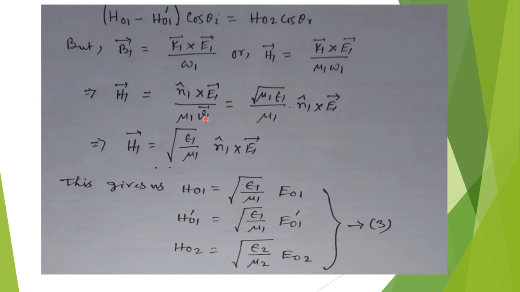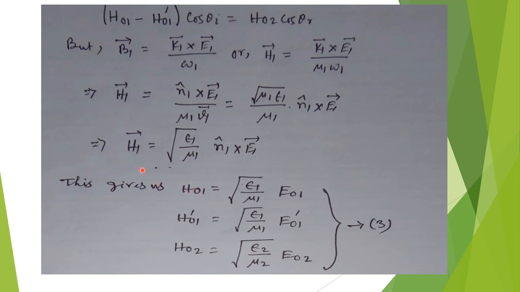Since v1 is equal to 1 by root over mu1 epsilon 1, substituting this value we ultimately find H1 is equal to root epsilon 1 by mu1 into n1 cross E1.